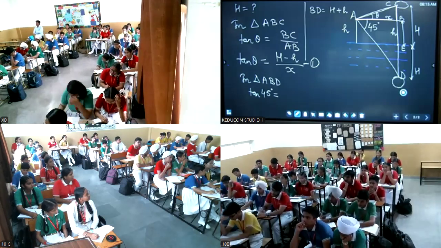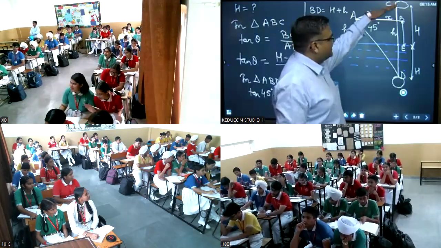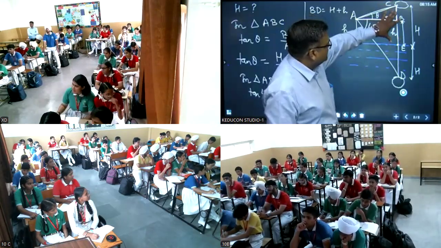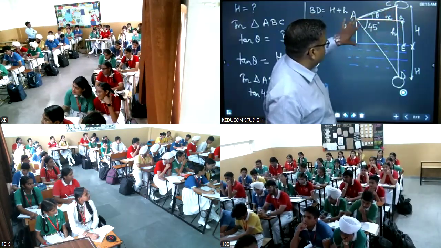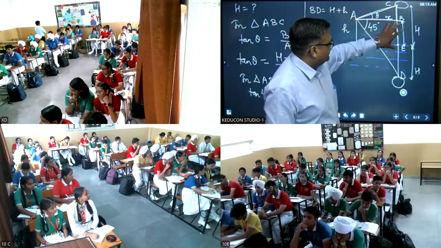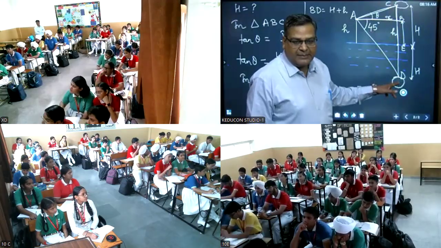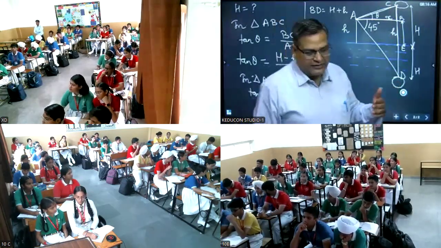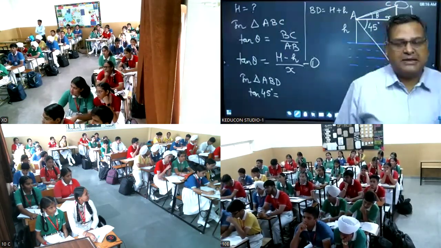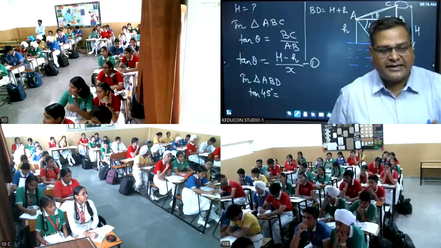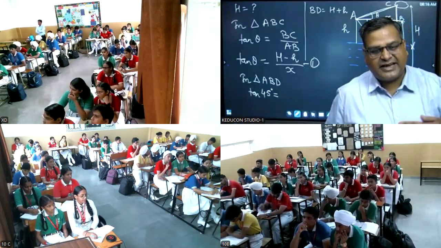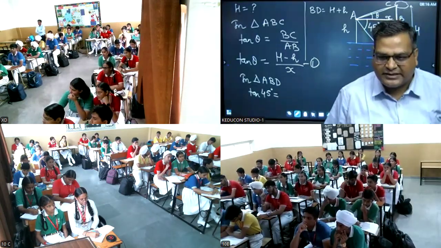Still doubts? Bachcho, just have a look. This height is h. It is given, right? This will be the height of the cloud, which we have taken as capital H. We know that when the image is formed in a plane mirror, the lake is acting as a plane mirror. The image is at the same distance as the object is.